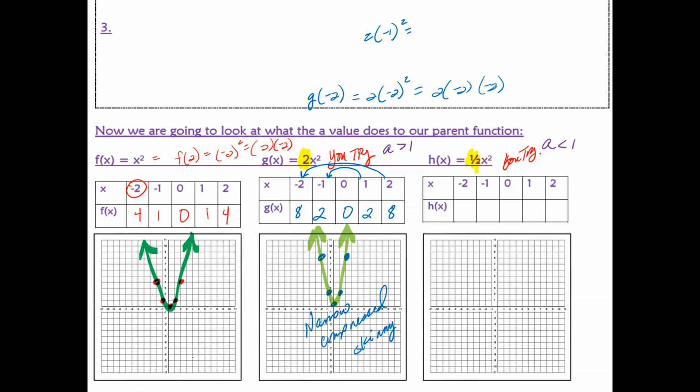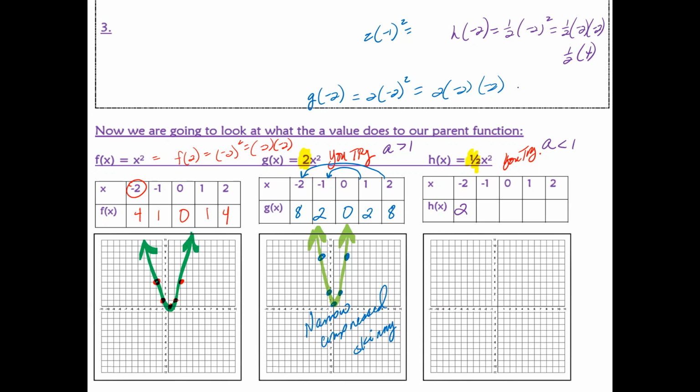All right, let's go on to this one here. When x is -2, h of -2 is equal to 1/2 times -2 squared, which is 1/2 times -2 times -2, or 1/2 times 4, which gives you 2.